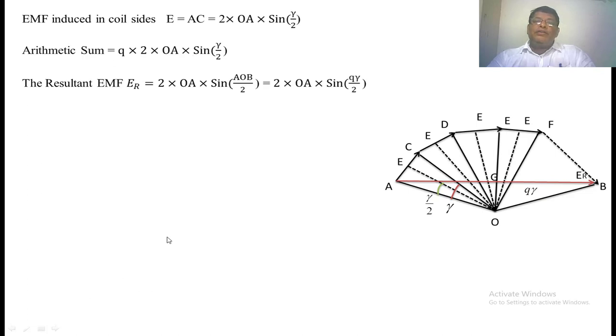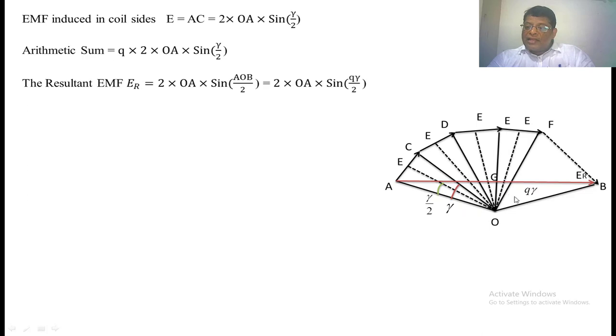Now we find the vector sum because we want to find the distribution factor. The vector sum of AC, CD, DE, EF, and so on becomes AB. From length AB, we draw a perpendicular bisector to the origin, that is GO. Now we consider the triangle OAG to find the length AG.